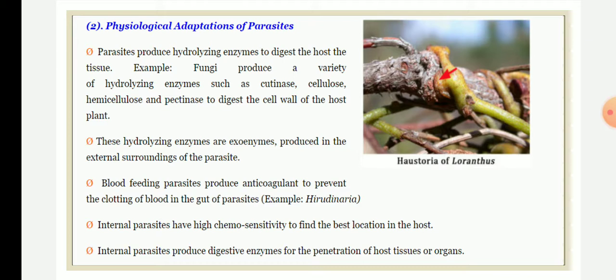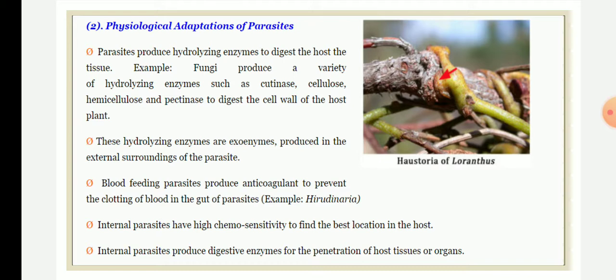For example, when a mosquito sucks blood, it first gives out the anticoagulant to the host. Thus the part from where they are sucking the blood is already dissolved with the anticoagulant, which avoids clotting of the blood.